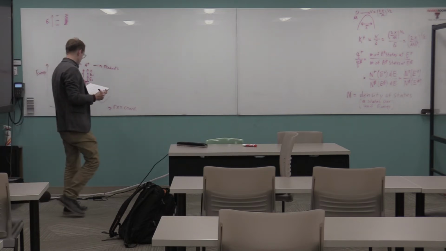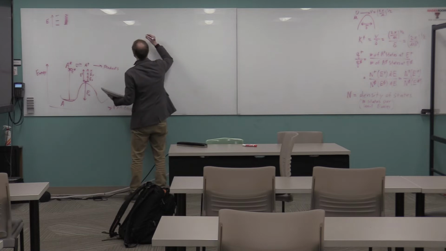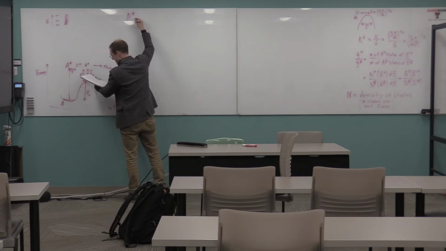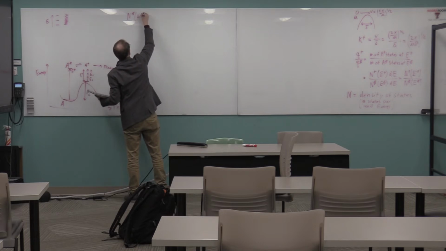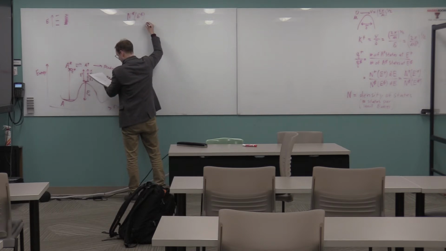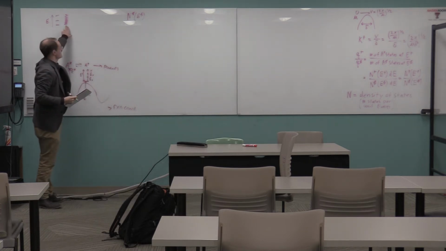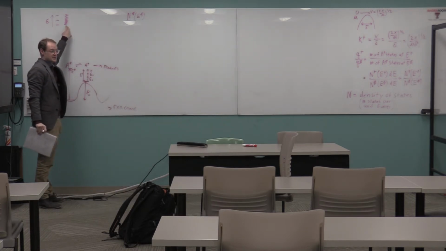Okay, and so the density of states of the reactants in the reactant well, this is a really high density of states. It looks like this. And basically, you can approximate it as a continuous function. You don't have to think about every single discrete state.